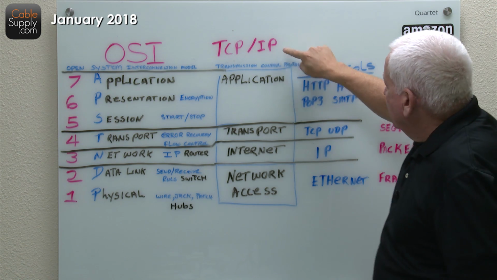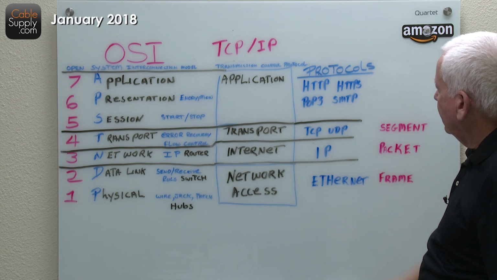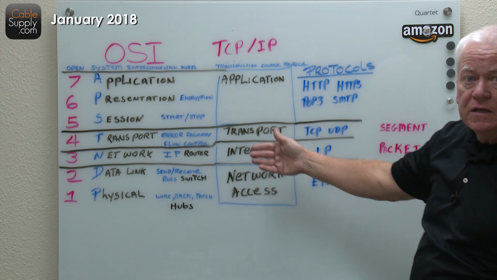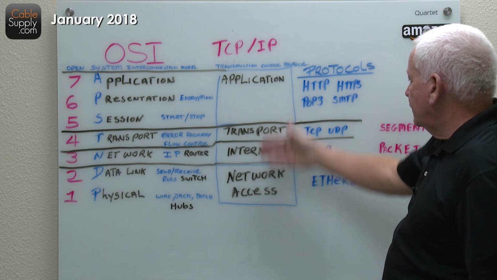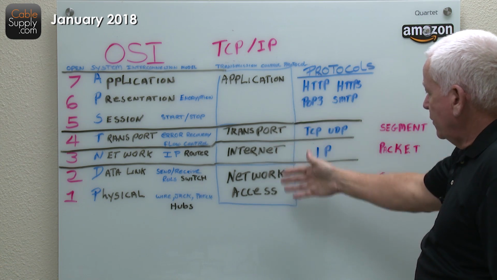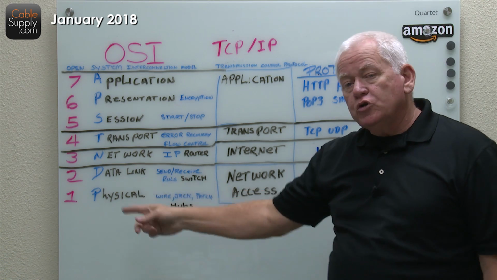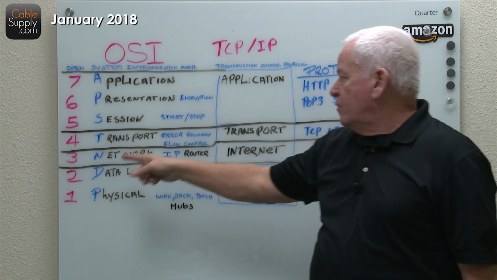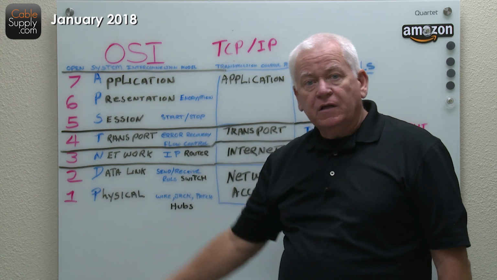When they came up with this protocol stack, this is the one that has basically been accepted in the IT world today. So you're going to see a lot of interaction with this, but in reality, when you're talking about this protocol stack, they usually use the 7 layers of the OSI model.